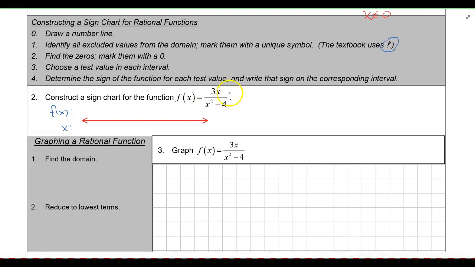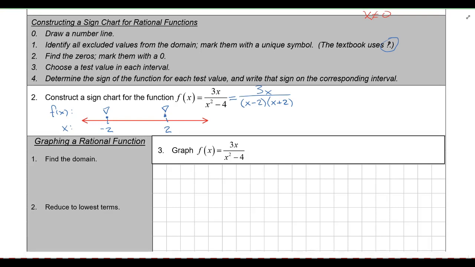I'd like to factor that thing out. So x squared minus 4, a difference between two squares, factors into x minus 2 and x plus 2. And I still have 3x in my numerator. So what values are excluded from my domain? That's going to be negative 2. And that's going to be positive 2. And again, I'm marking those with a symbol to identify that, hey, these values are not in the domain of the function.